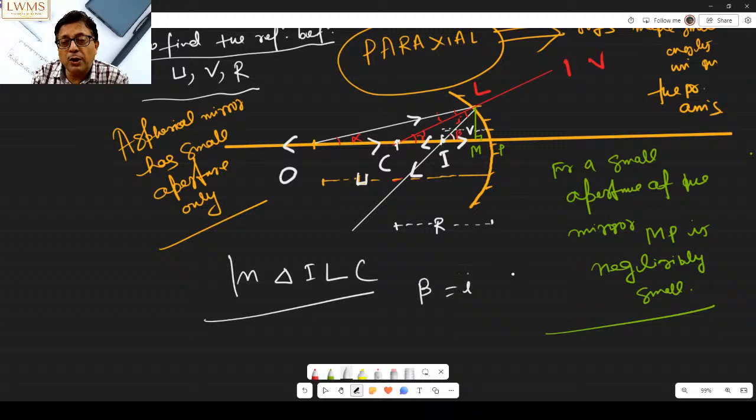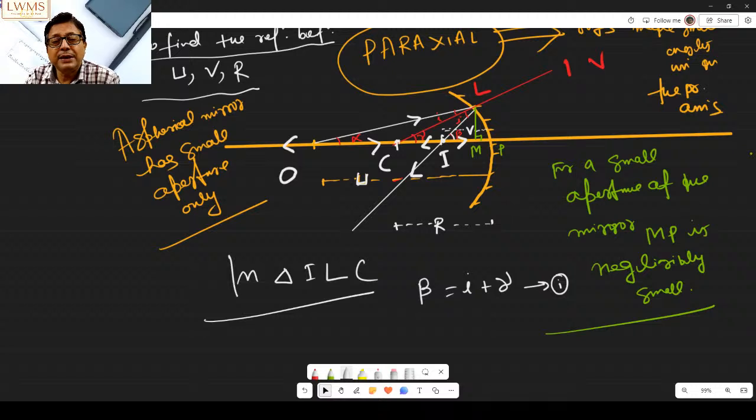This is the sum of two interior opposite angles. Be careful, this is gamma, we have taken gamma. So beta, the exterior angle, equals gamma plus I.